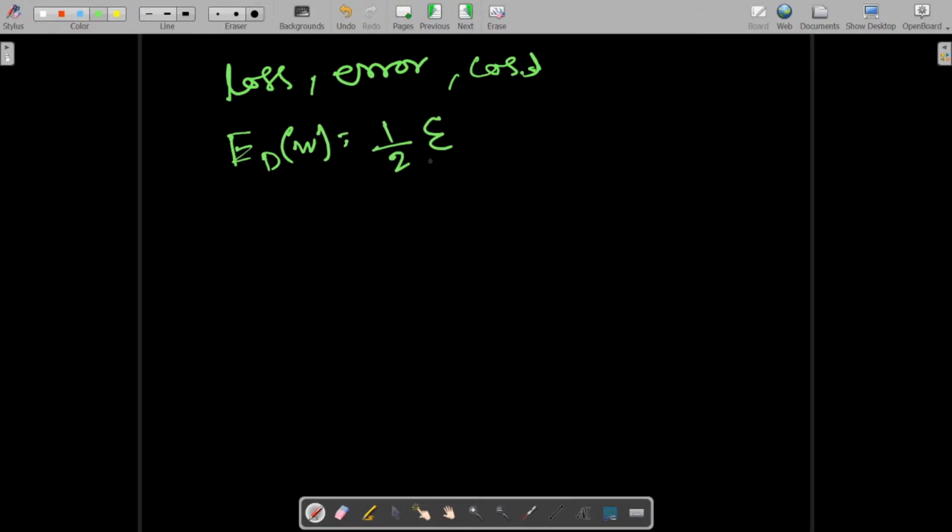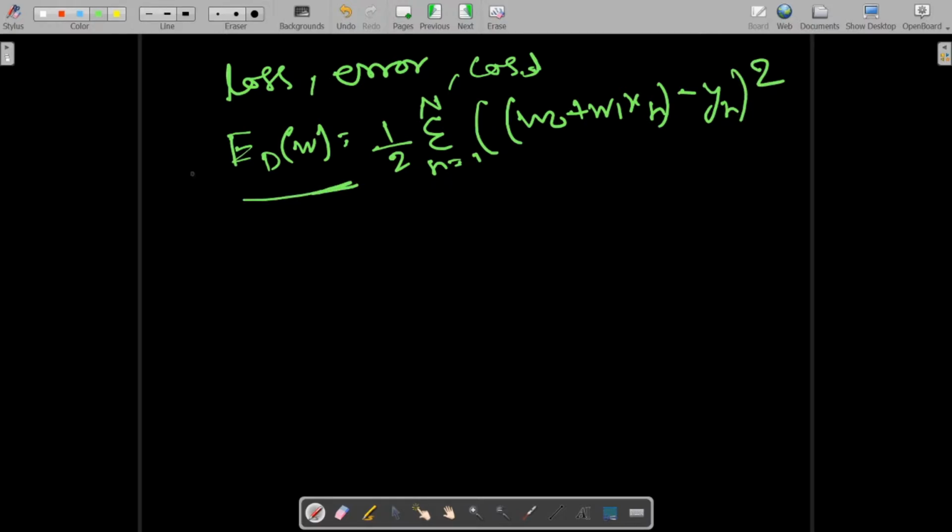In my last video I have explained what is loss function, what is error function or cost function, and that was nothing but E(W) equal to half summation of n equal to 1 to capital N, (W0 plus W1 xn minus yn) whole square, and this is loss function, error function or cost function, and we have to minimize this function.